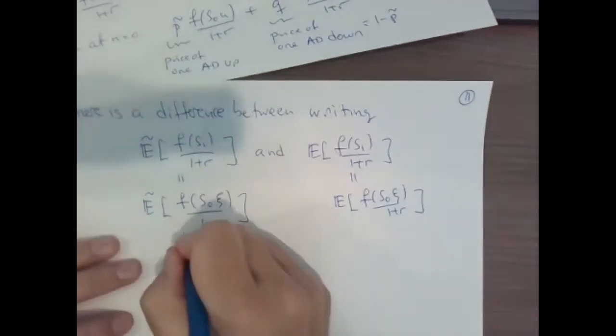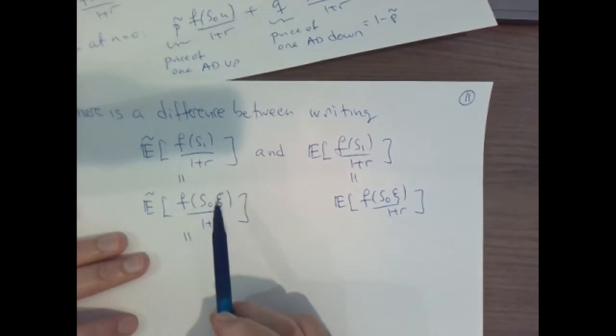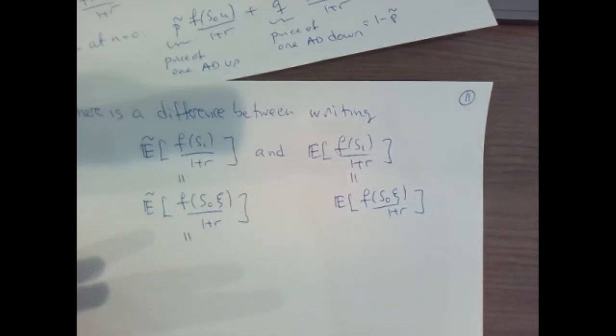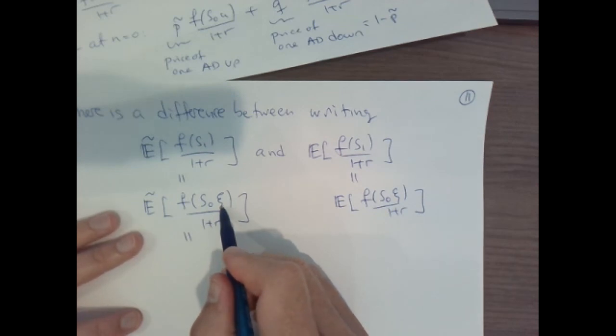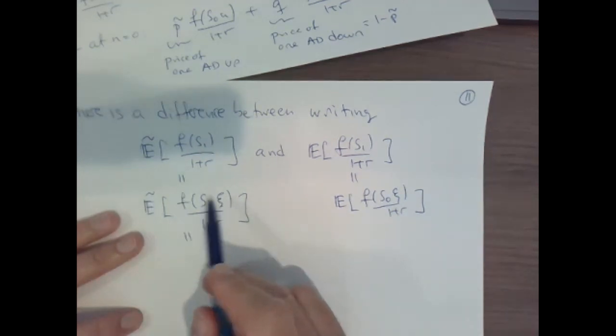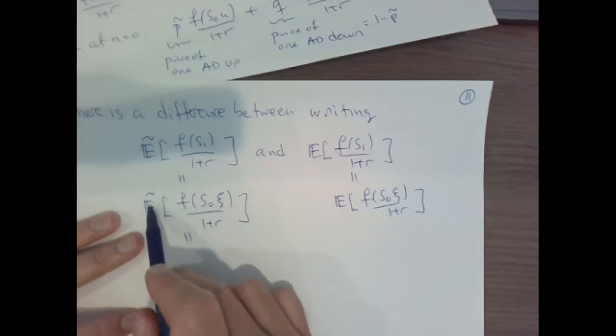Okay, so then how do I compute it? Psi can take two possible values. It can take the value u, and it can take the value d. What is the probability that it takes on the value u under the tilde measure?